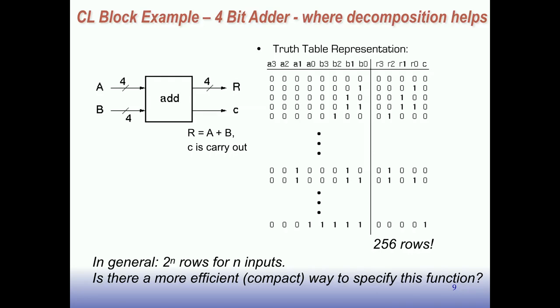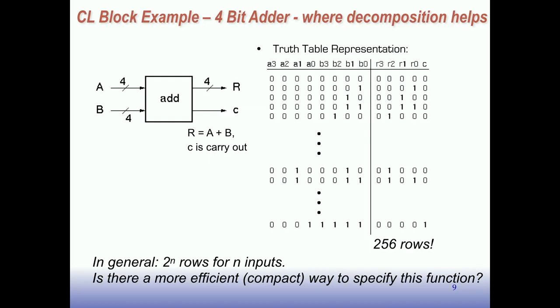We said that one had two 2-bit variables as inputs. Therefore, it had 4 total bits as input, and the truth table would have 2 to the 4, or 16, different rows in it. It's more complicated here because we have two 4-bit inputs.